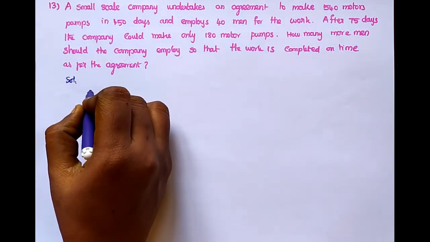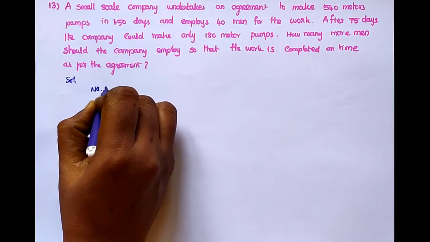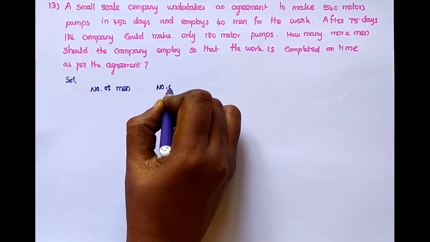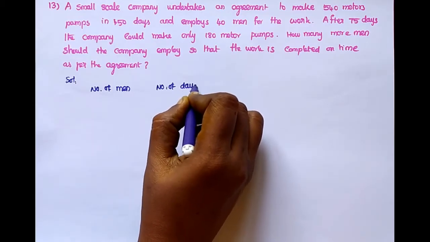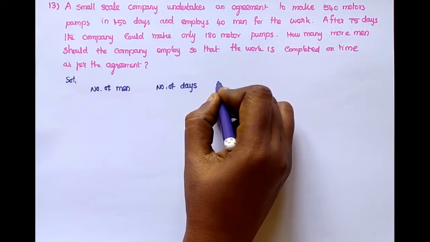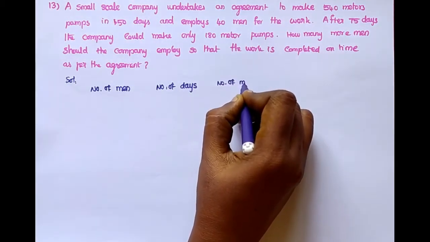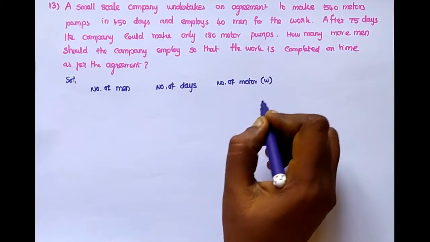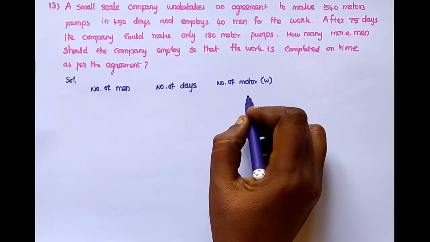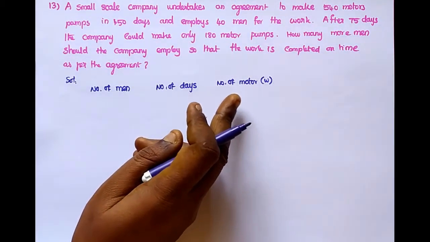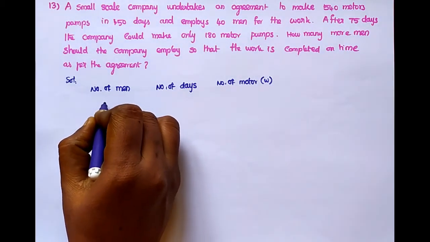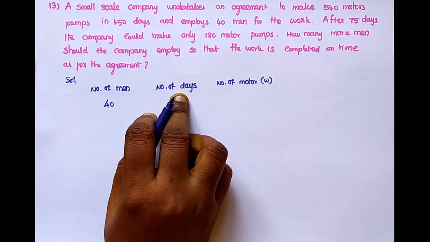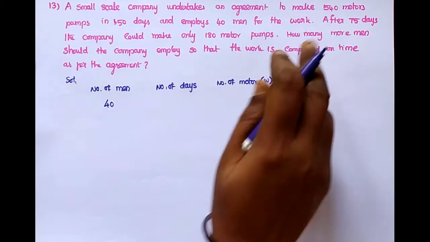Listen. Number of men, number of days, number of motor pumps. That is the work, no? Motor pump making, so that is the work. Here persons, first 40 persons only. How many days did they work? 75 days worked.